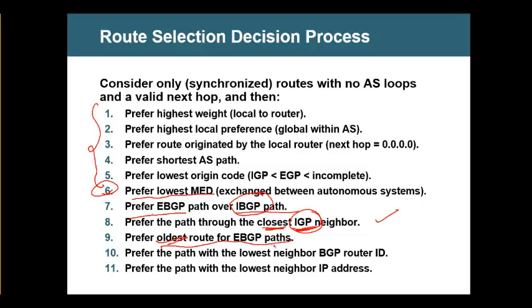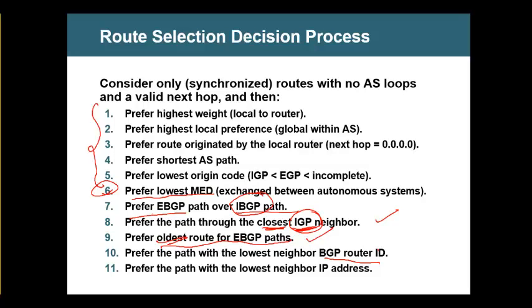Next, what if both the routes came at the same millisecond, microsecond? In that case, prefer the path with the lowest neighbor BGP router ID. Definitely one neighbor's router ID will be different from the other, and when you compare, one will be lower than the other.